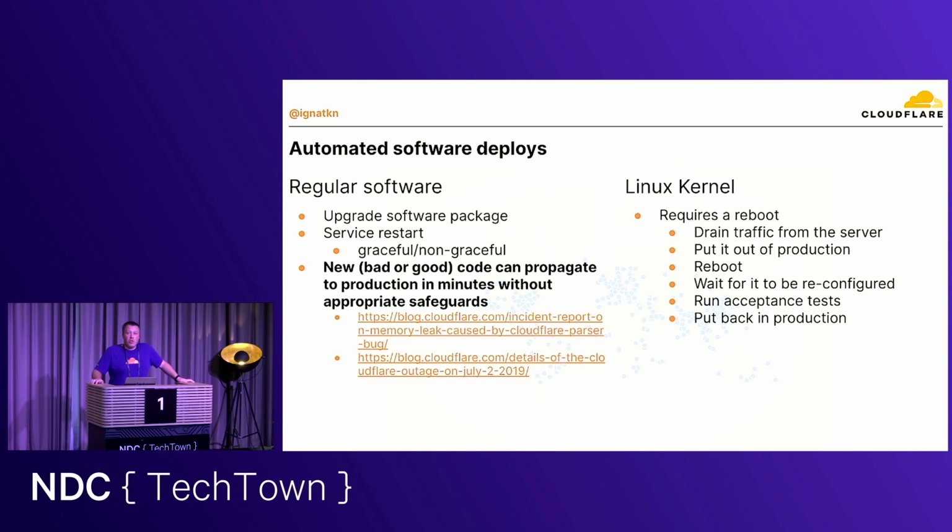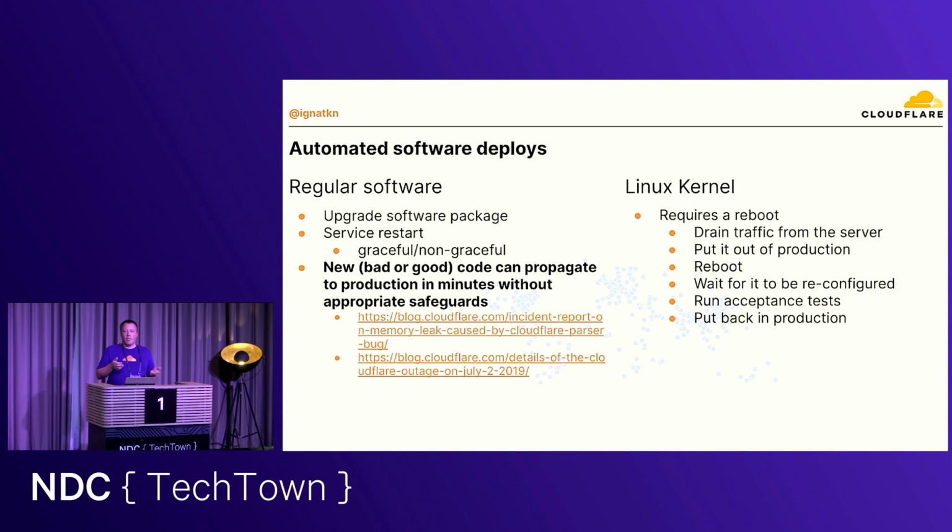Whereas for the Linux kernel, the biggest disadvantage or advantage is that to upgrade a kernel, you need a reboot. And rebooting a server is not an instant operation. So we need to drain traffic from the server. We need to disable it from production systems, silence the alerts. We need to actually reboot.